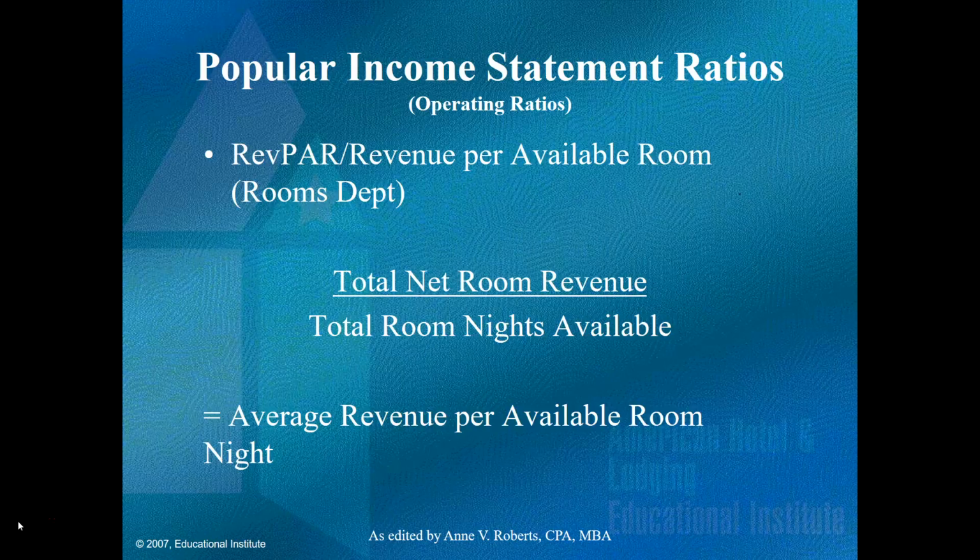If you want to equate this, we'll look at this when we get to the food and beverage area, but basically this ratio is how much revenue we are bringing in per seat in the dining room.